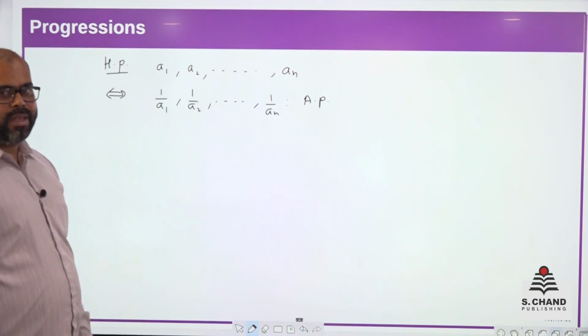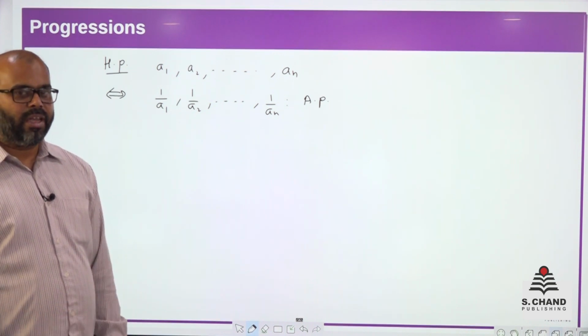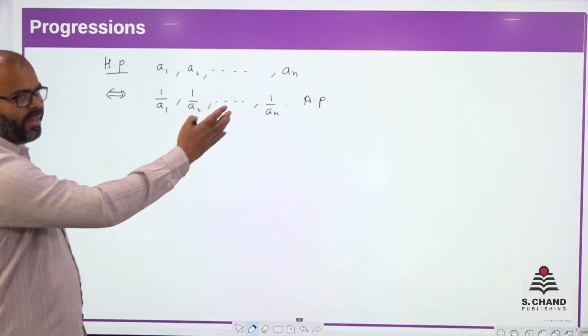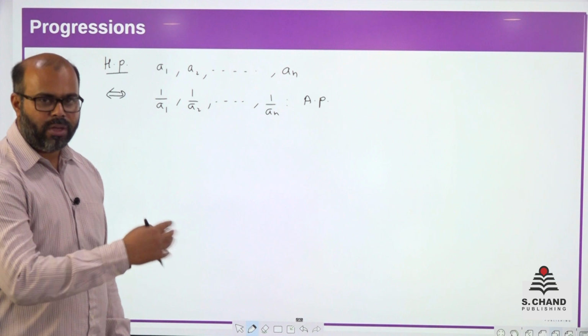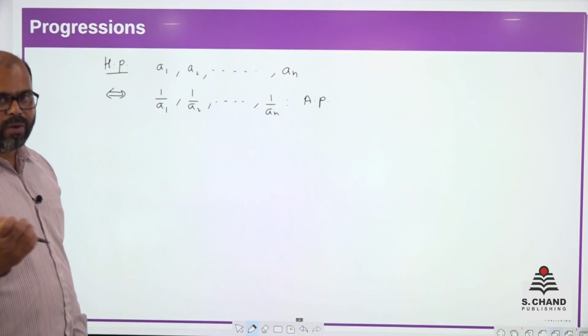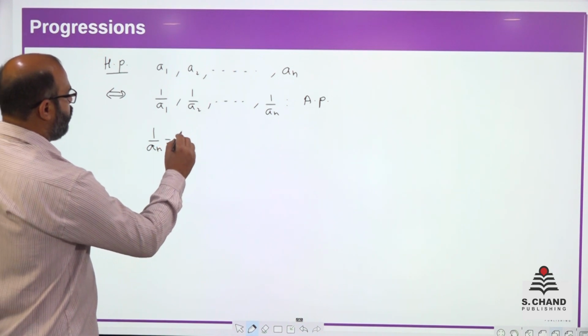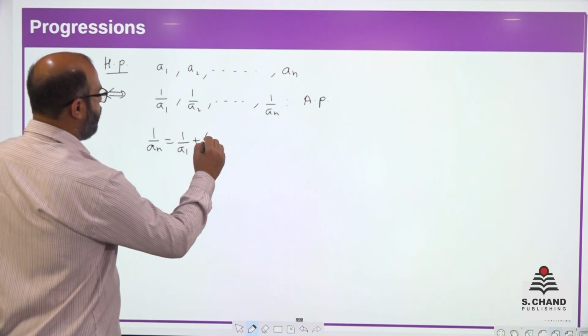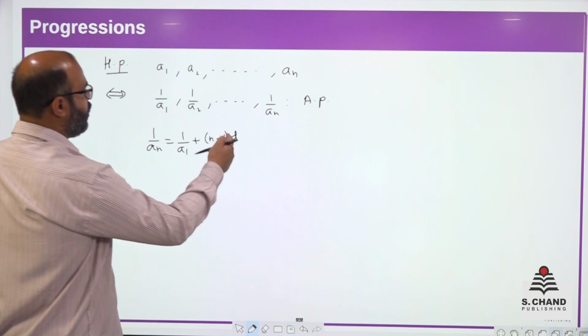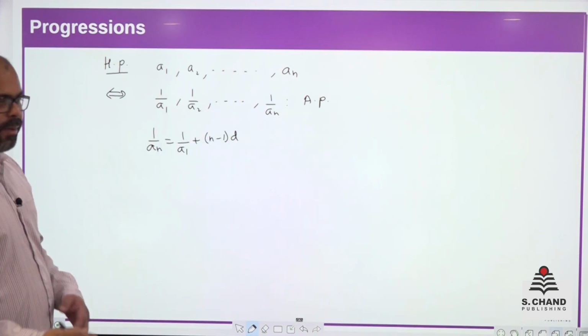So the reciprocals are in AP, then the terms are in HP. And from here you can find the nth term, you can find the harmonic mean and all. Let me find two things for you. Like if it is an AP, 1 by an is equal to 1 by a1 plus n minus 1 d. D is the common difference of the corresponding AP.